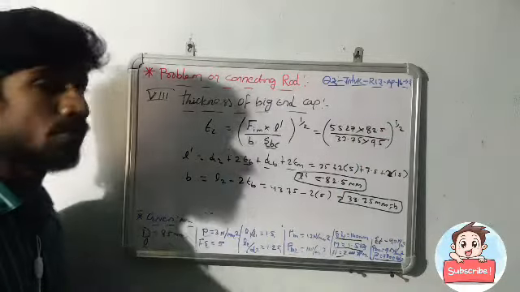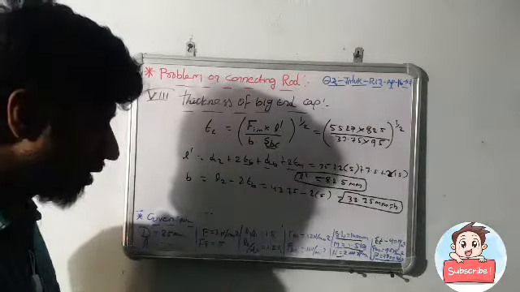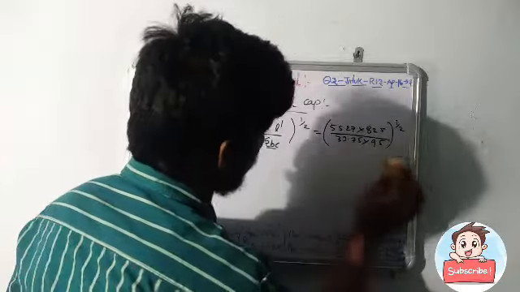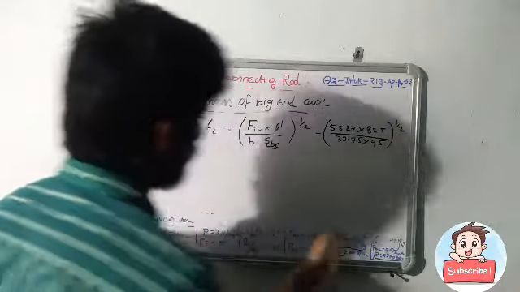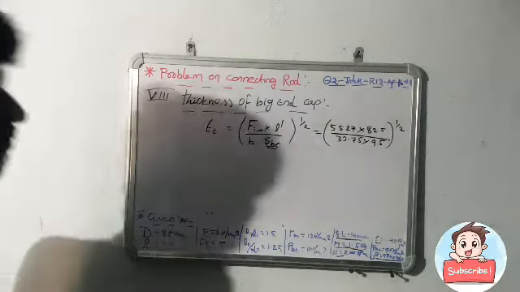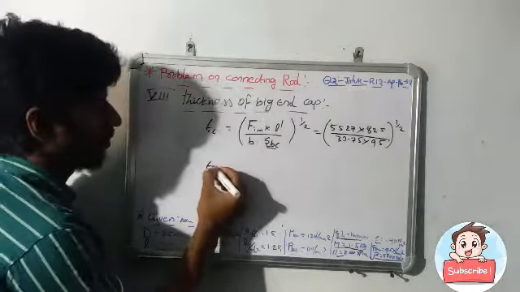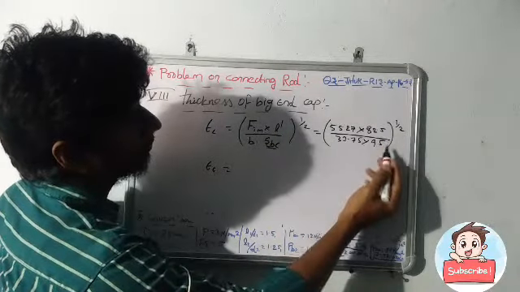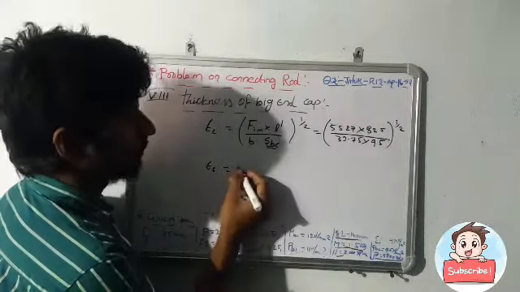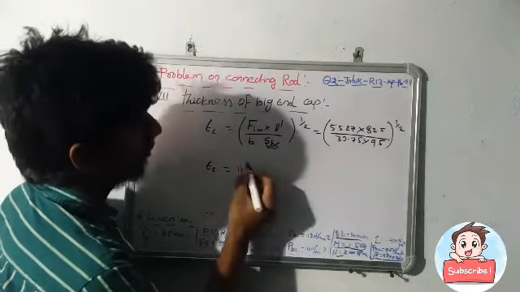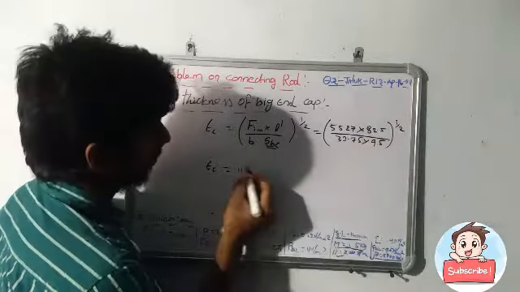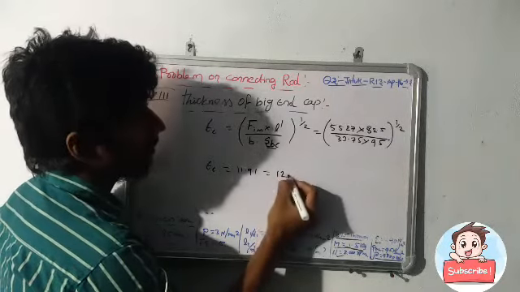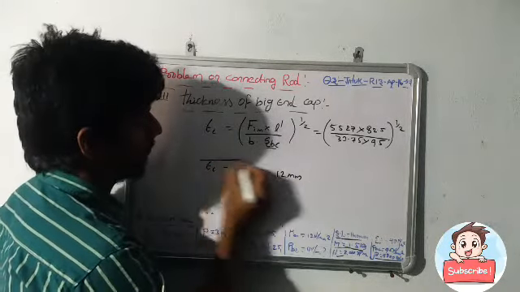By simplifying, we get the TC value, equal to 11.91. Let us consider it as 12 mm.